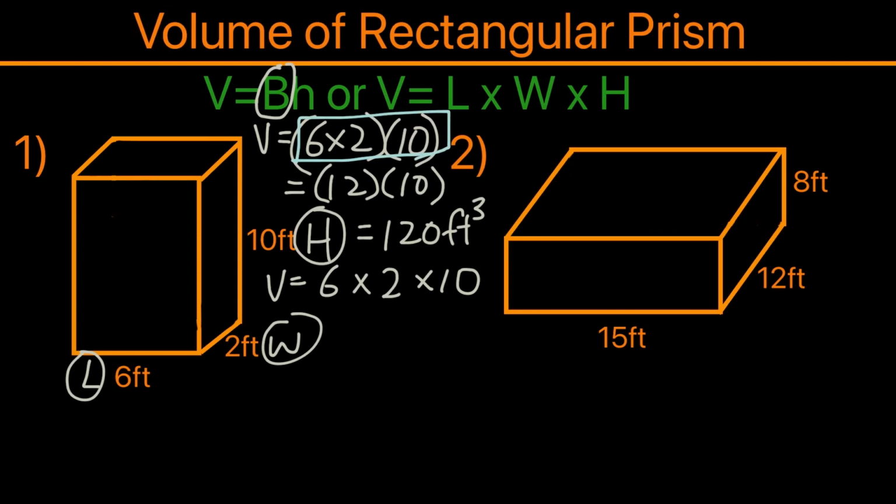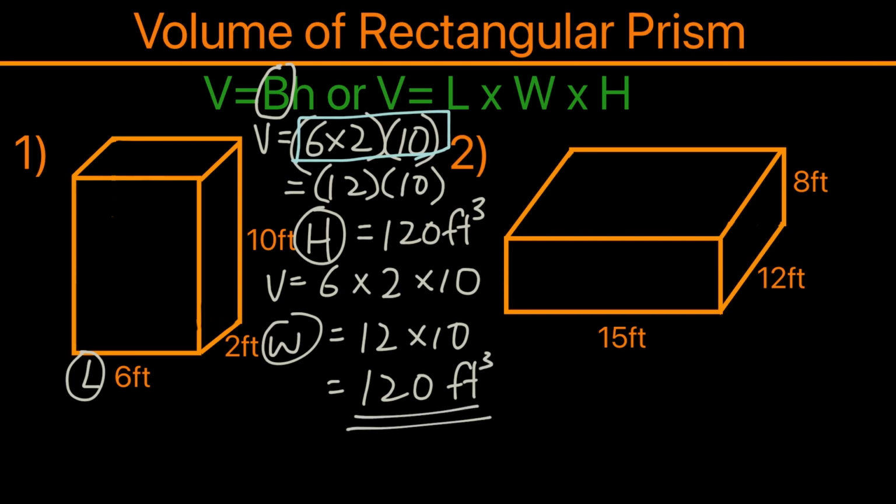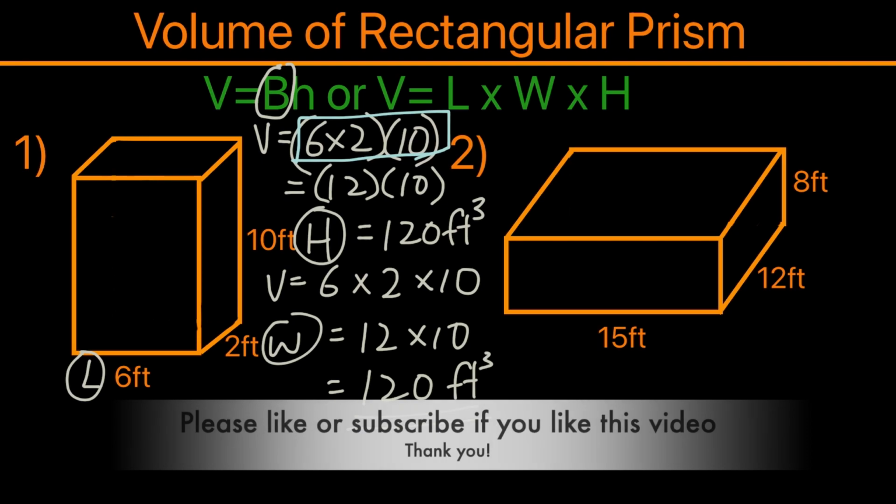But rather than using the capital B as the base, we're actually multiplying them out individually. So this would be 6 times 2 is 12, and then times 10, and that equals 120. So that comes out exactly the same, which is 120 feet cubed.